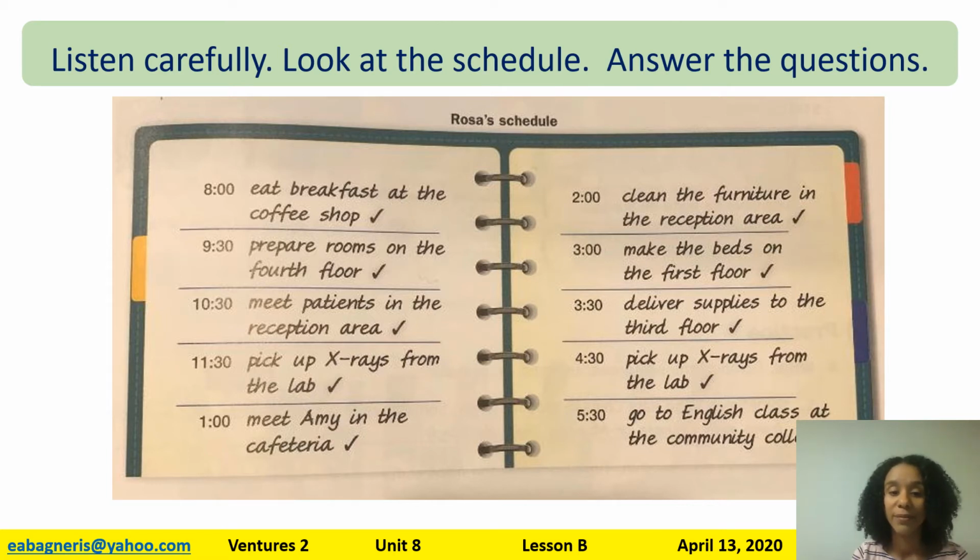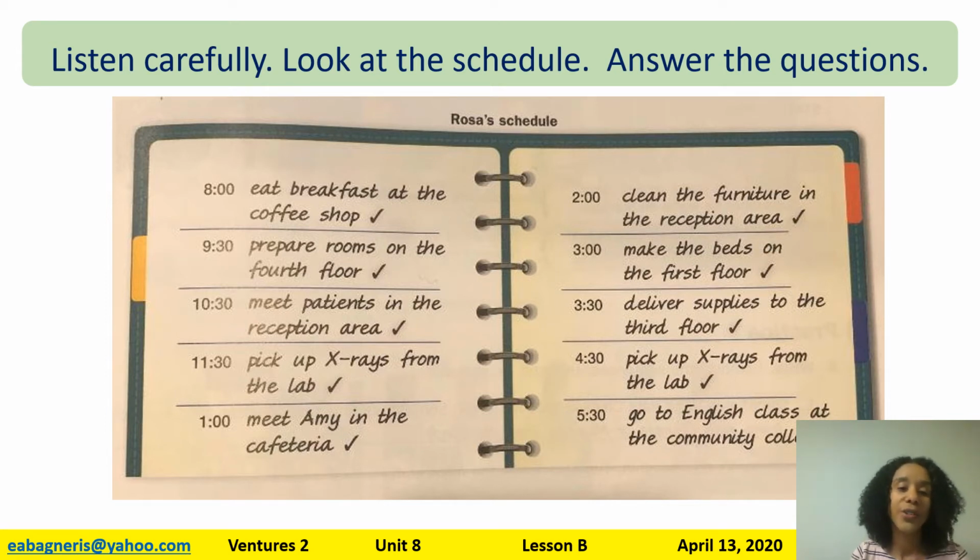Let's do the next one. Where did Rosa go at 10:30? Say your answer. Did you say she went to the reception area? She went to the reception area.